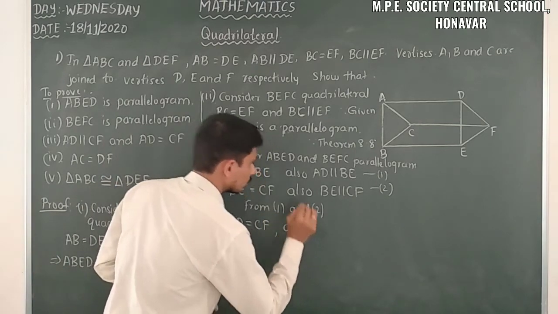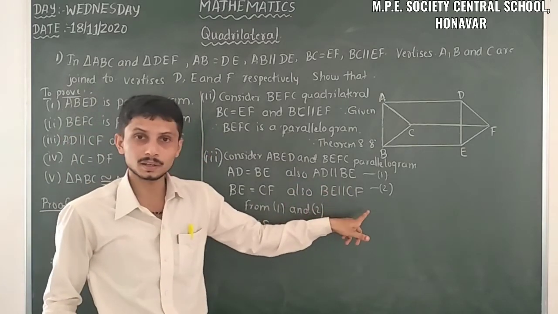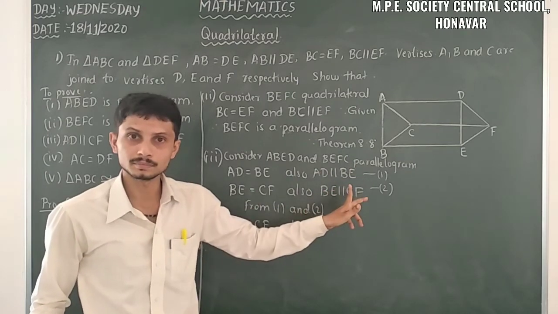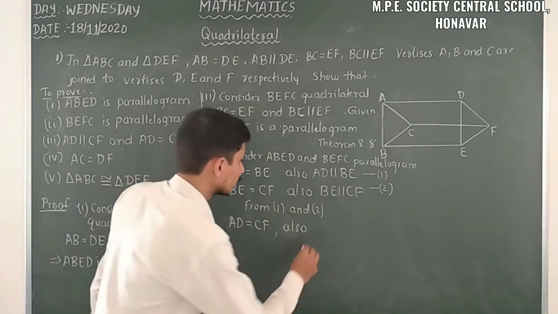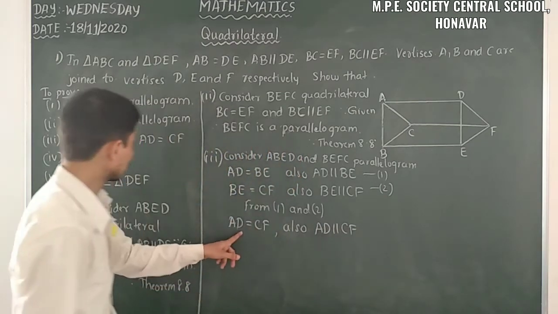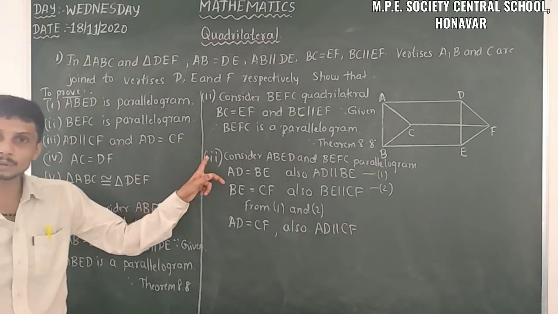Also, just observe, AD is parallel to BE and BE is parallel to CF. That means these two lines are parallel to the same line, so AD is parallel to CF. So we have the third assumption, AD is parallel to CF and AD is equal to CF.